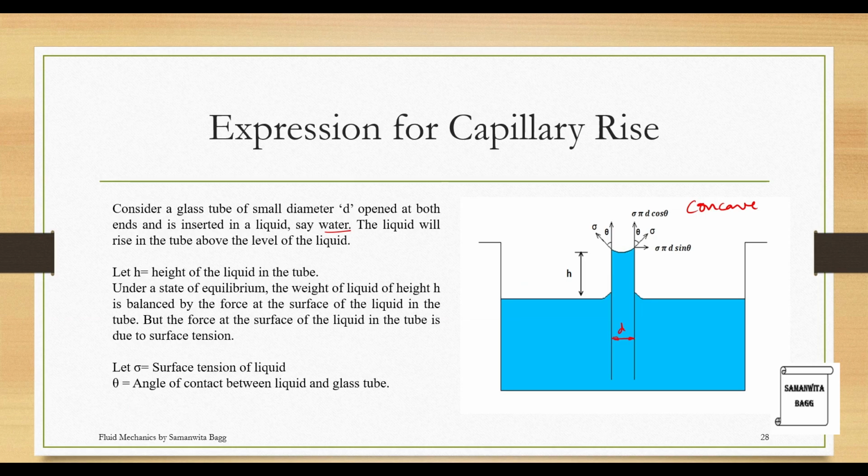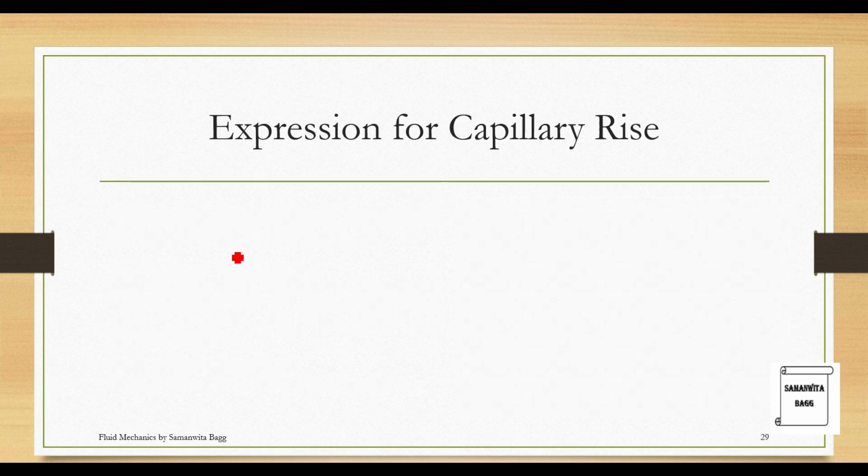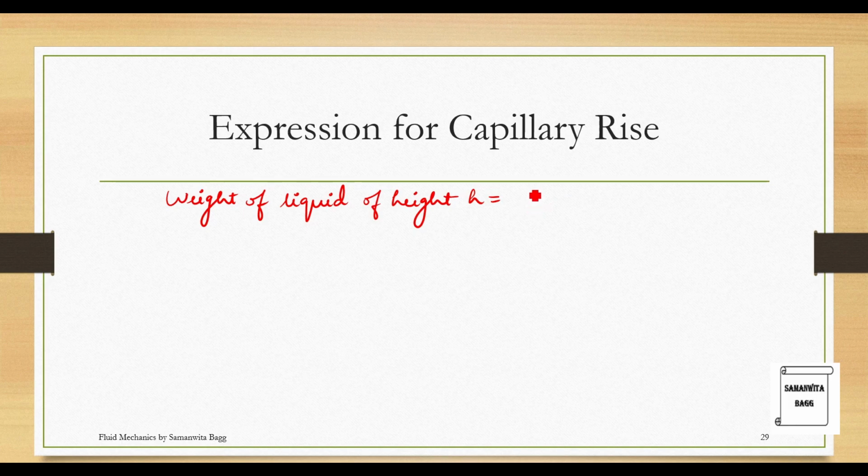Now, we will talk about the equilibrium forces. First, we'll talk about the weight of liquid of height h in the tube. This will be area of tube into h into rho into g.